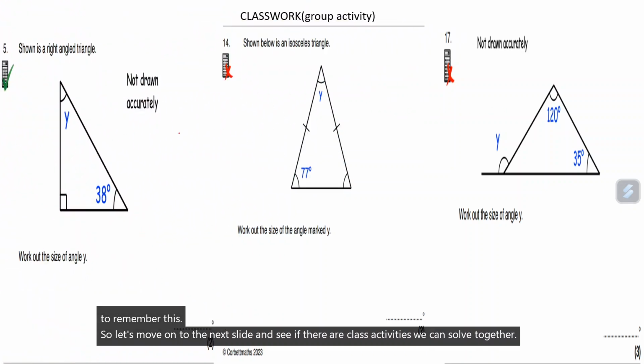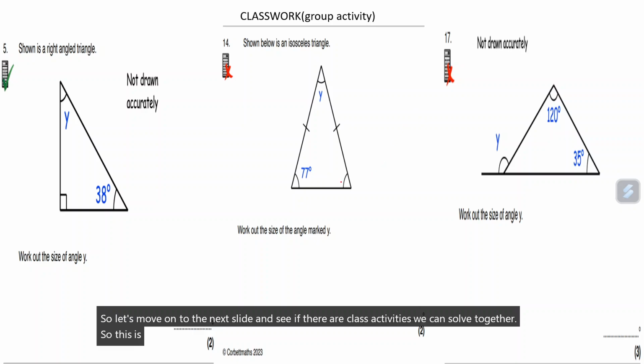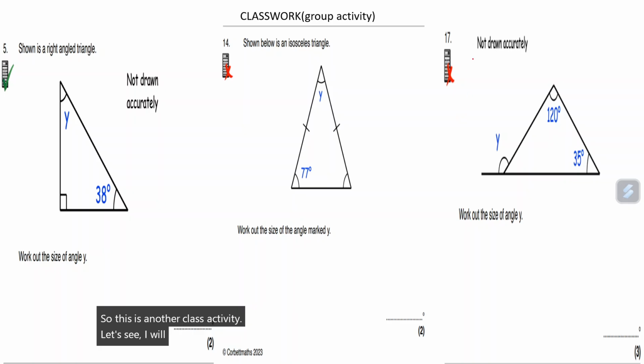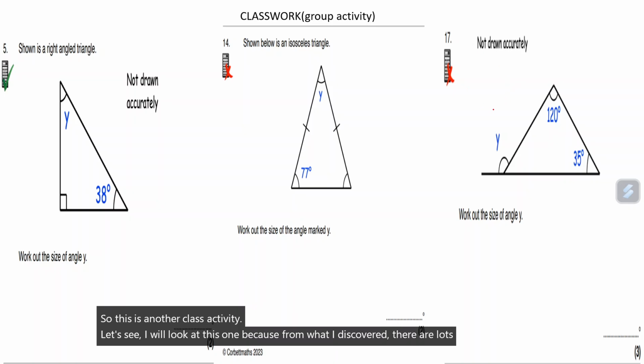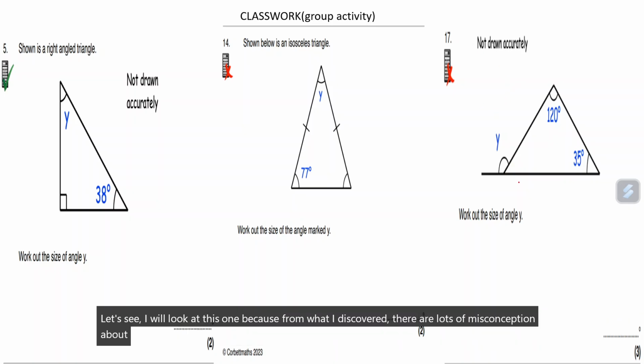So this is another class activity. I will look at this one because, from what I discovered, there are lots of misconceptions about this. Once I look at this, I will encourage my viewers or learners to have a go at the other two.